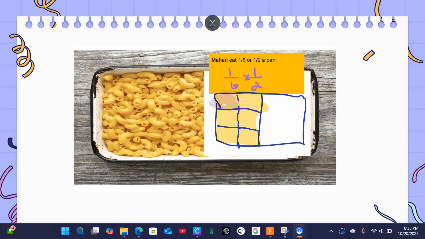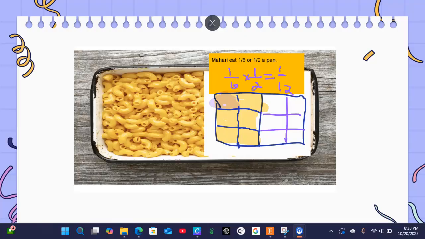And when we multiply that straight across, that would be 1 times 1 equals 1. And 6 times 2 equals 12. Well, how do we get 12 again? Whatever we do, if half of the pan is partitioned into 6, then the other portion is also partitioned into 6.